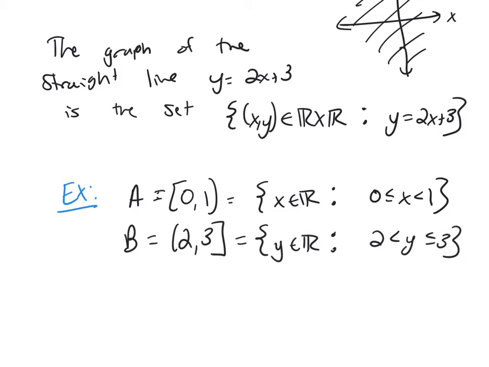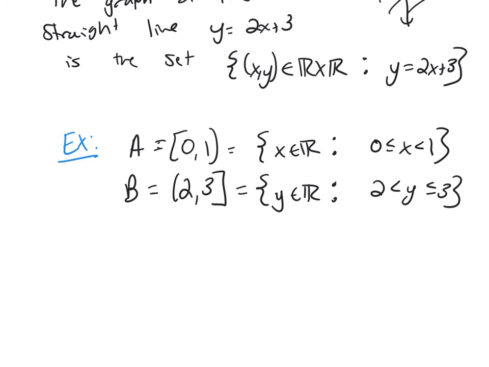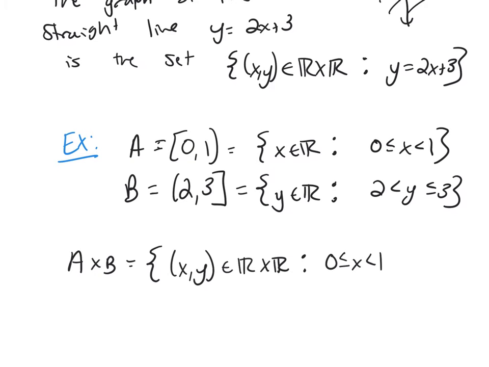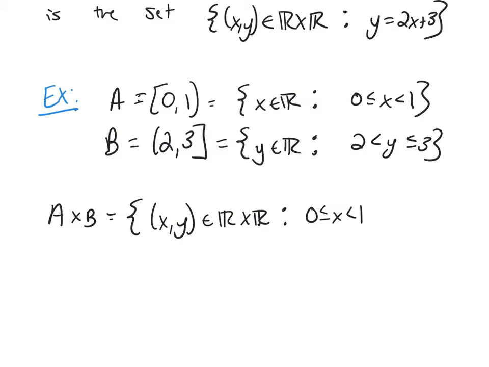And then what I want to do is take the cross product of these two. So A cross B would contain the set of all points in R cross R, where x is between 0 and 1, including 0, not including 1, and y is between 2 and 3, not including 2, but including 3.